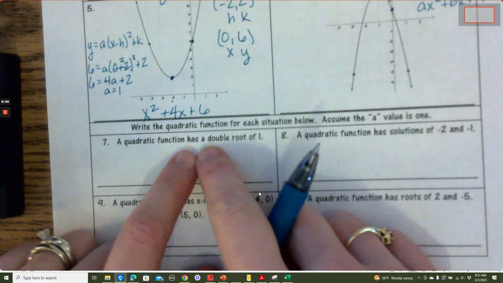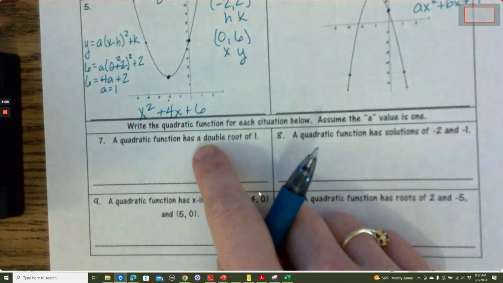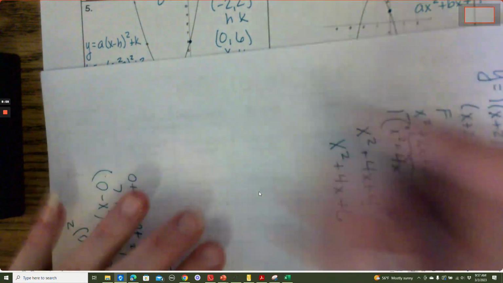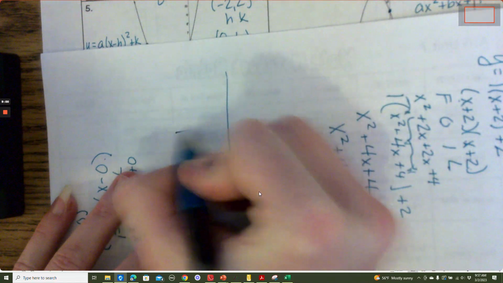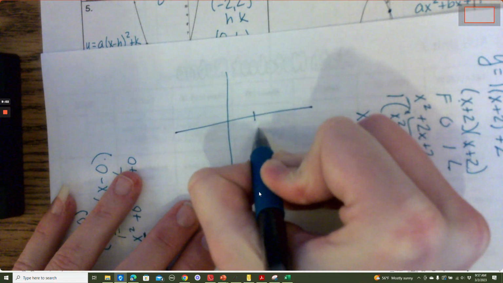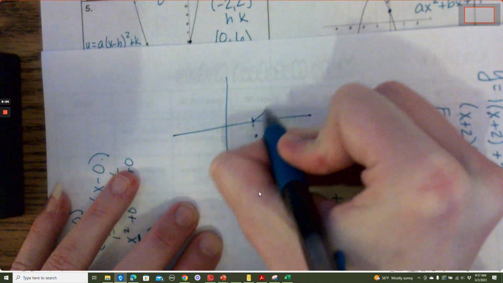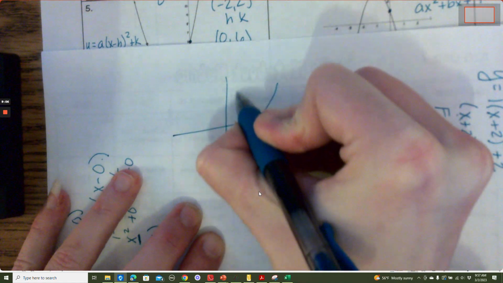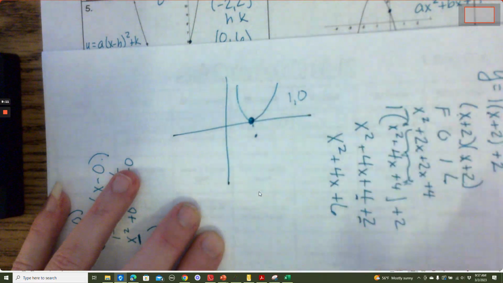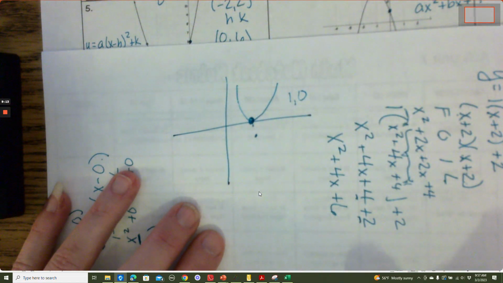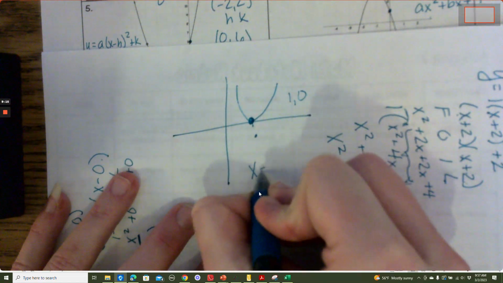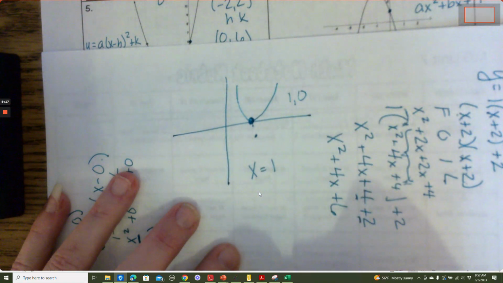All right. A quadratic function has a double root of 1. What that means is on a coordinate plane where x is 1, here's what that quadratic is going to look like. It's going to do something like this, and it's going to touch here at 1, 0. So x equals 1.